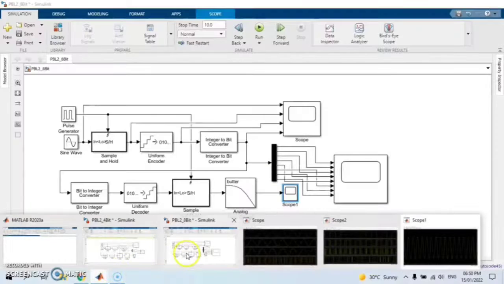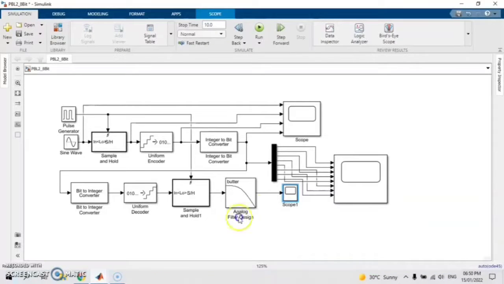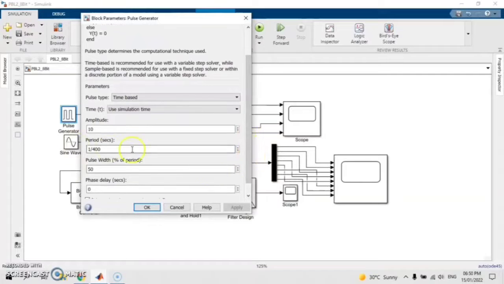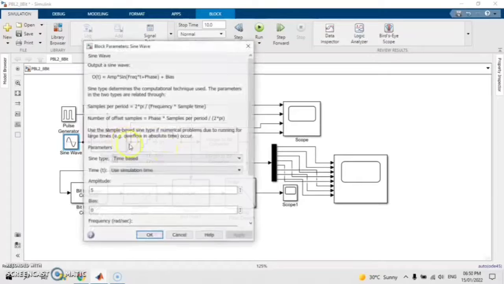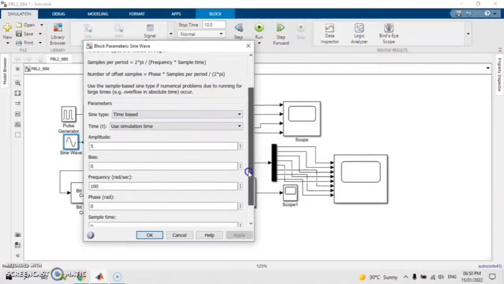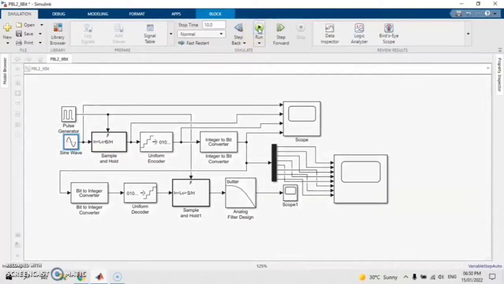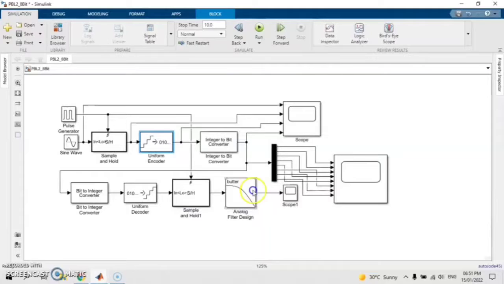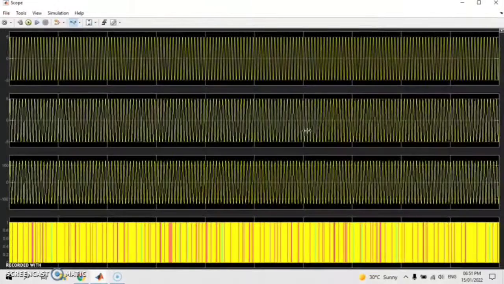Okay, now we are going to compare it with the 8-bit signal. The sampling frequency is, again, 400, and the signal is the same as given, which is 5 amplitude and 100 frequency. Okay, we're going to run it now. This is the encoder. We use the 8-bit one. Okay, this is the scope.